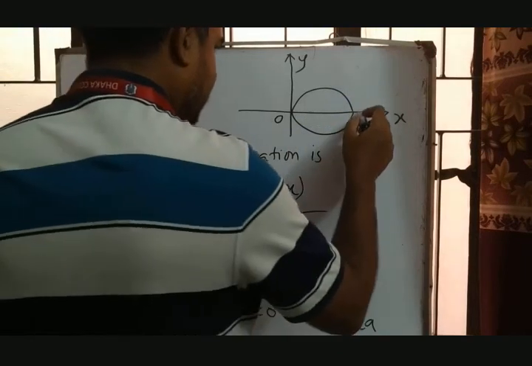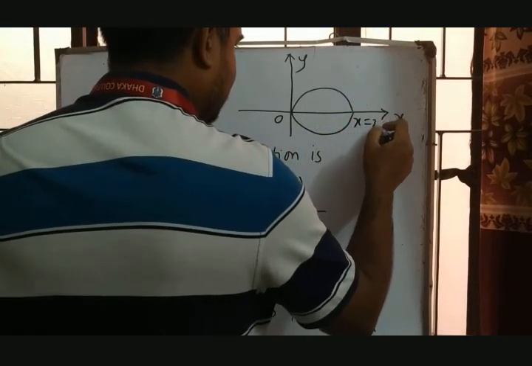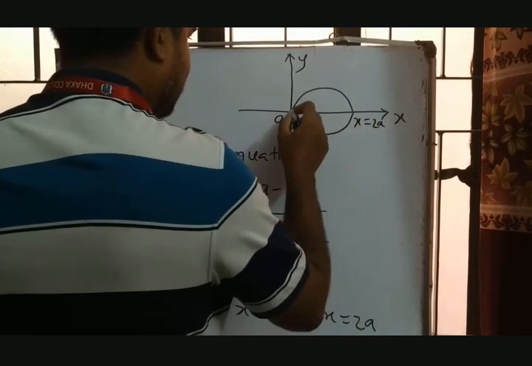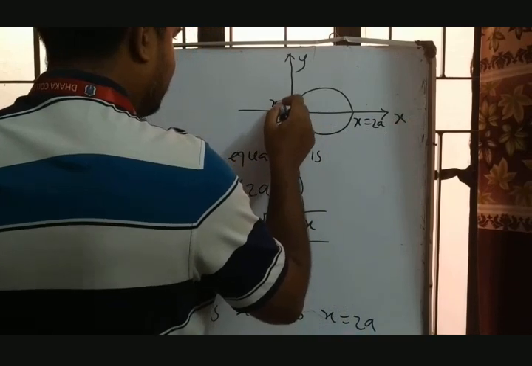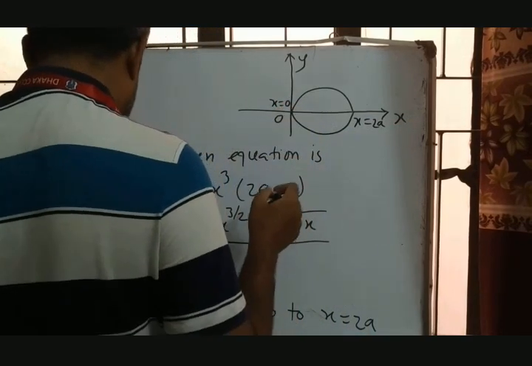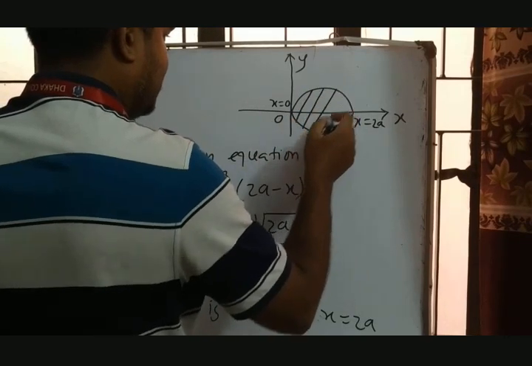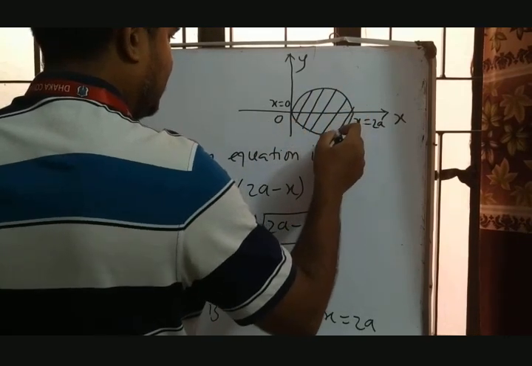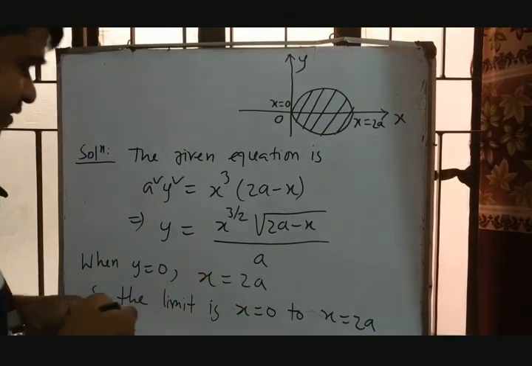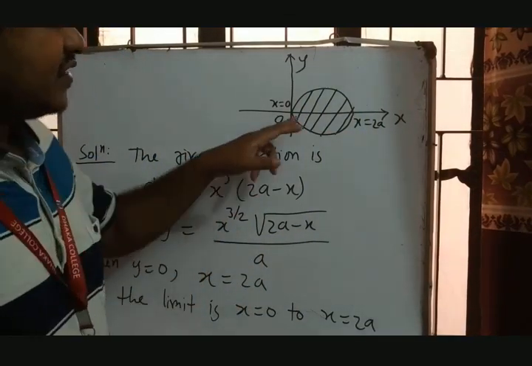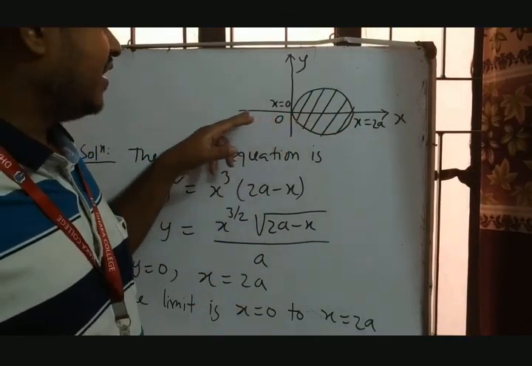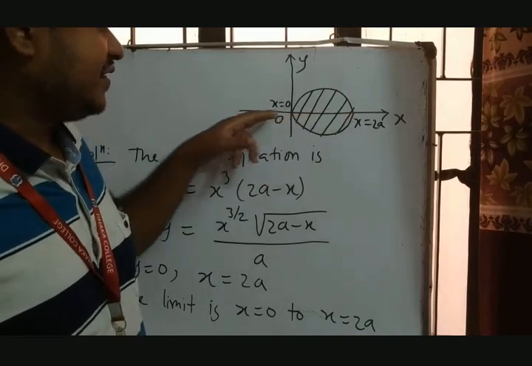Here x is equal to 2a and x equal to 0. We have to find the required area of this curve. We can see that the curve is symmetric along the x-axis.